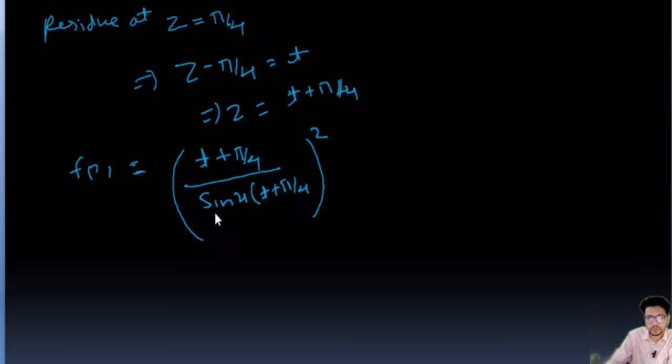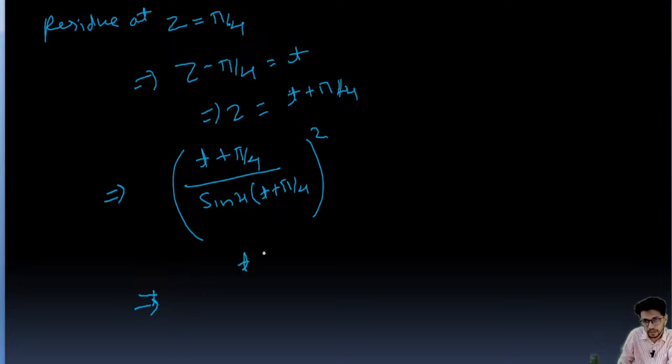So this is going to be the residue at z equal to pi by 4.